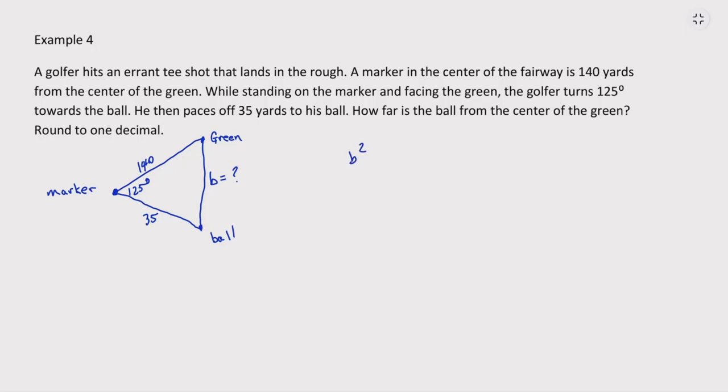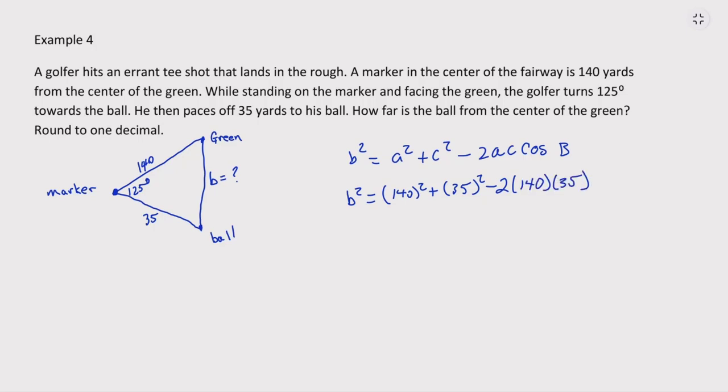So b squared equals a squared plus c squared minus 2 times a times c times cosine of B. So b squared is equal to 140 squared plus 35 squared minus 2 times 140 times 35 times cosine of 125.